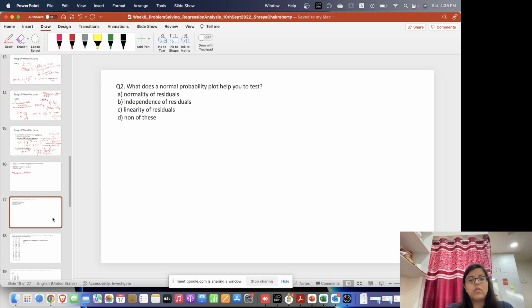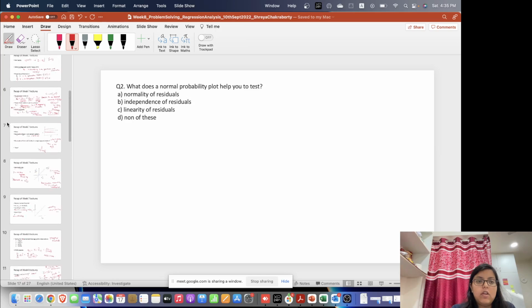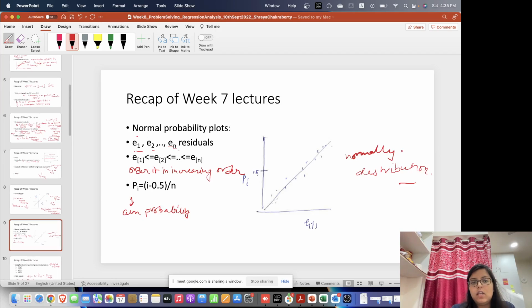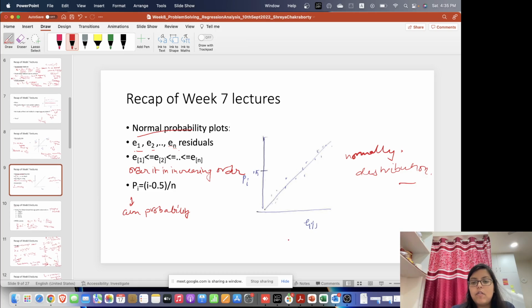So we'll move on to the second one. What does a normal probability plot help you to test? This I also explained. As you can see, the normal probability plots plot the residuals against the cumulative probabilities. If the residuals are from some normal distribution, then these will fall along the same line.